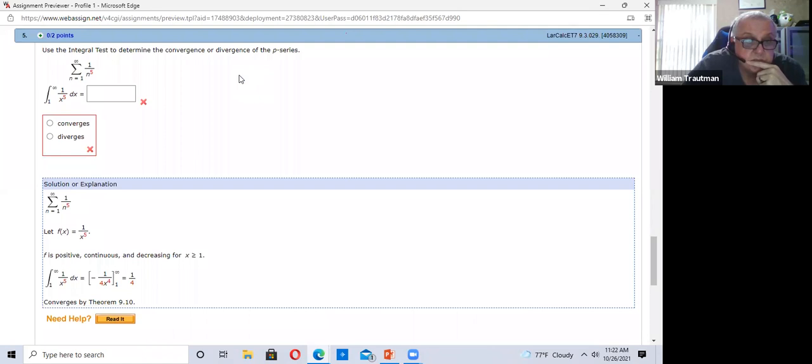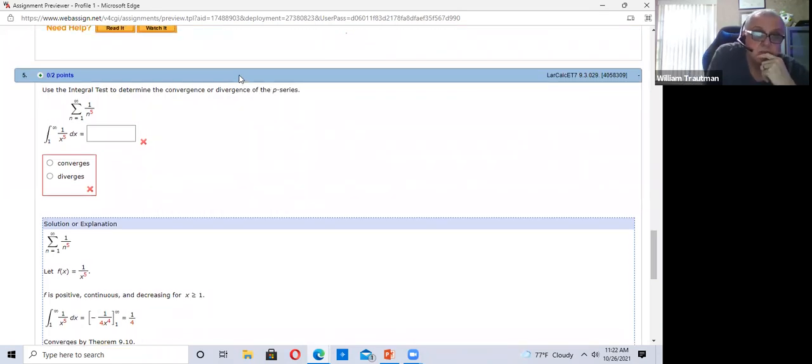This is once again a very basic problem. All you're going to do is take the derivative of that, and you're going to see it's negative, so it's decreasing. And then when you integrate it, this is what you get.